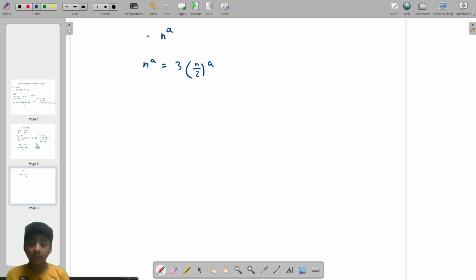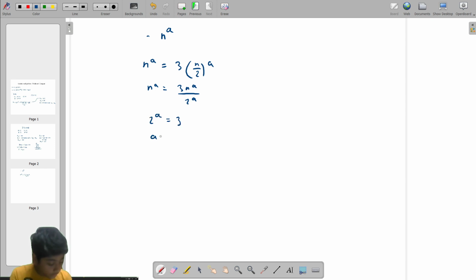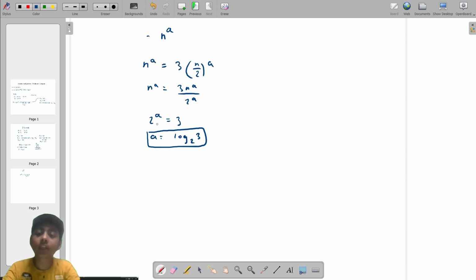If we now try to simplify this equation, then n power a is equal to 3 n power a by 2 power a. Finally, these terms get cancelled, then 2 power a is equal to 3. So a is equal to log base 2 of 3. Now you may say that we made an assumption that the time complexity is n power a. It may be n log n, it may be sine of n. Any function is possible.